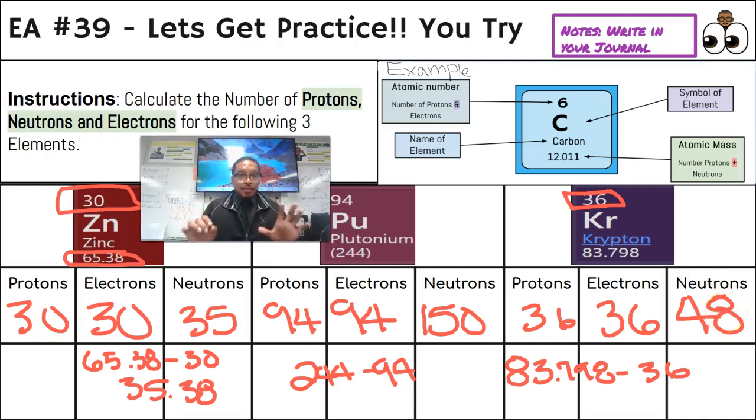Were you guys able to calculate that? As you can see, the calculations are not super crazy if you just know what you have to calculate. So again, the protons and the electrons, if it's a neutral atom, are equal to the atomic number. And then you're just going to subtract the atomic number from the atomic mass, and what's left is the neutrons.